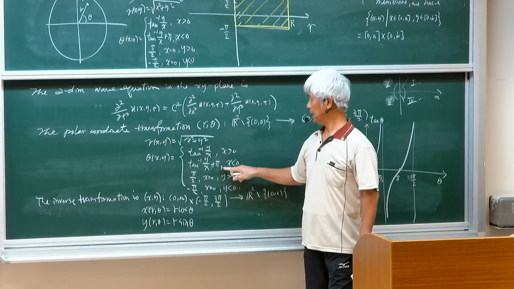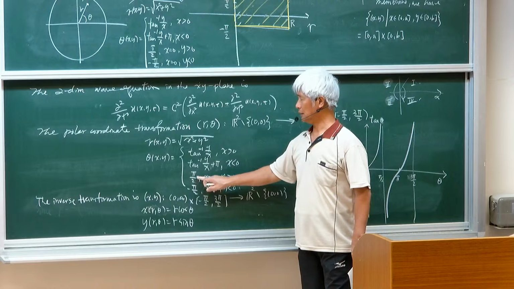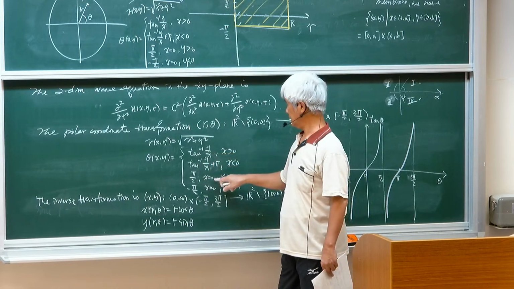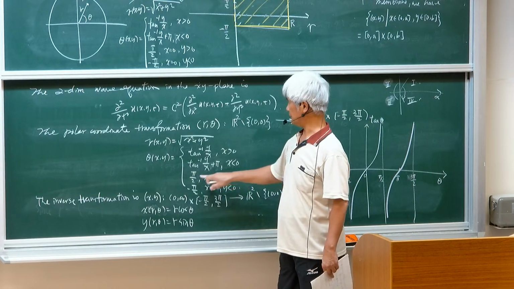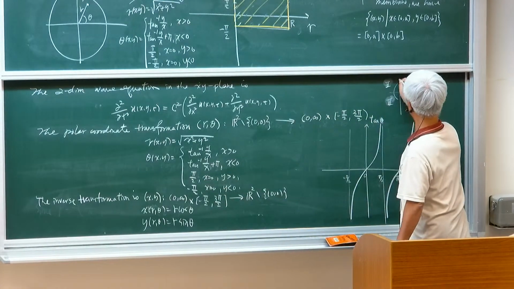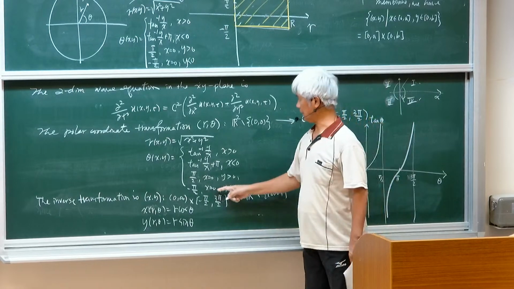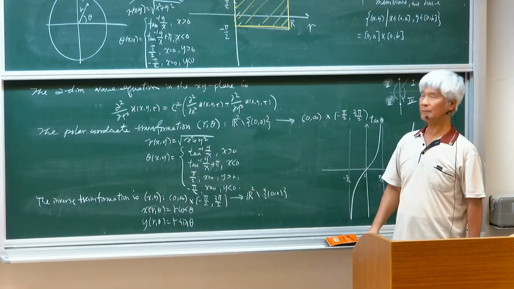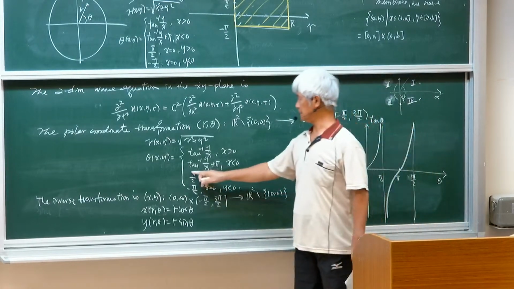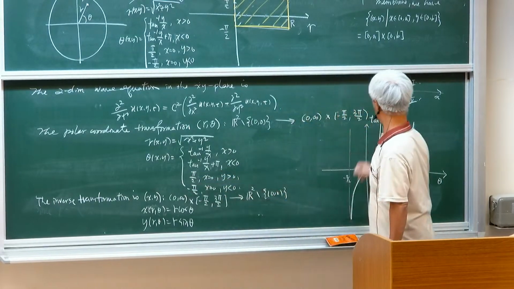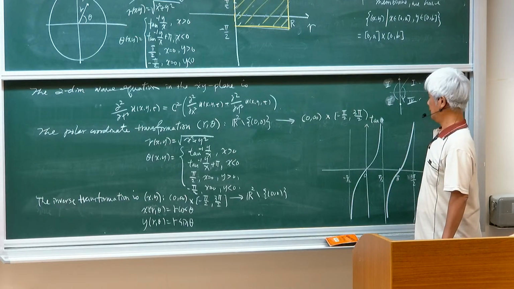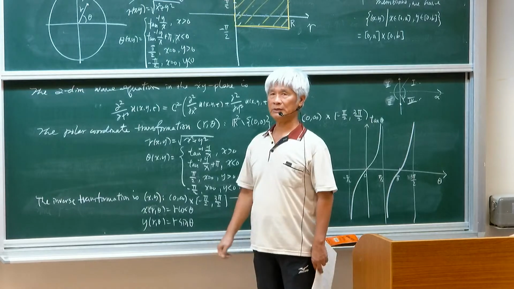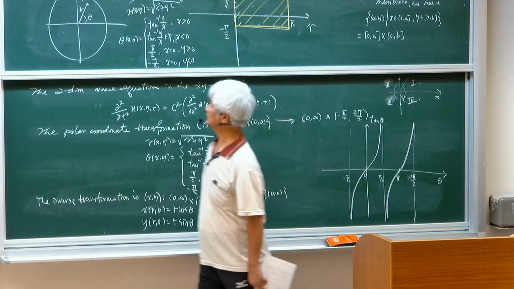If x is 0, arctangent is not defined, so when x is 0 and y is positive, you get pi over 2, and if x is 0 and y is negative, you get minus pi over 2. So you have the correspondence here. You have this coordinate transformation.